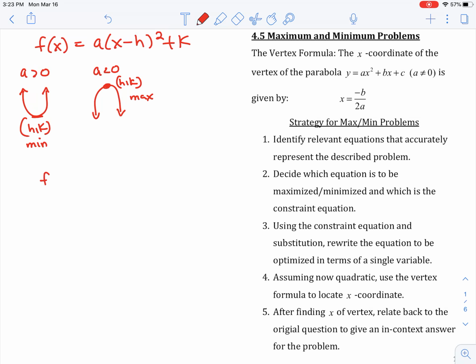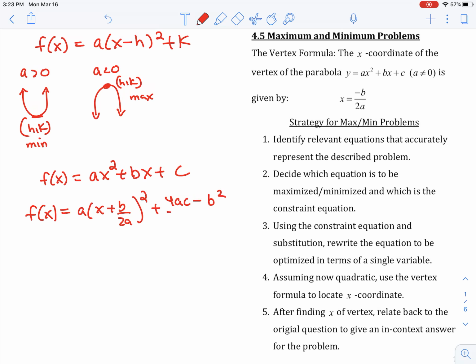So if we look back to our general form of our quadratic in standard form, which was ax squared plus bx plus c, on the last problem in 4.2 on our notes, we took that general quadratic in standard form and we switched it to vertex form, and we ended up getting the equation a times x plus b over 2a quantity squared plus 4ac minus b squared over 4a.